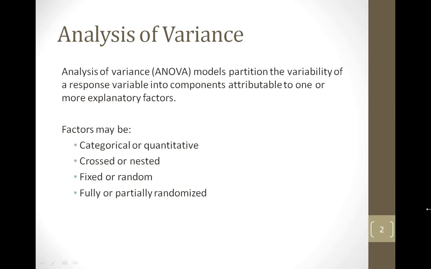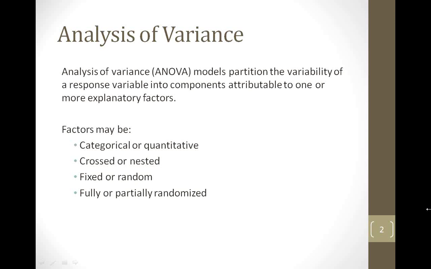I'll show you some of that. I'll also show you some variance component designs where the factors are nested, where certain levels of factor B are run, for example, only at one level of factor A, and different levels of factor B are run at a different level of factor A.